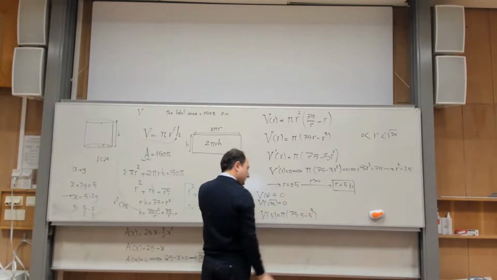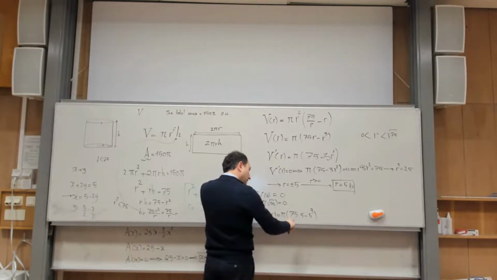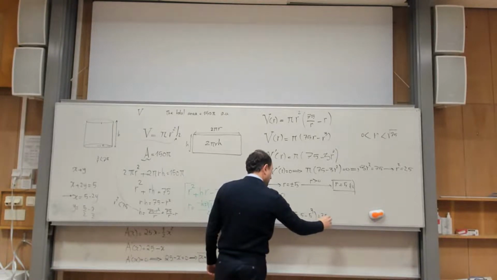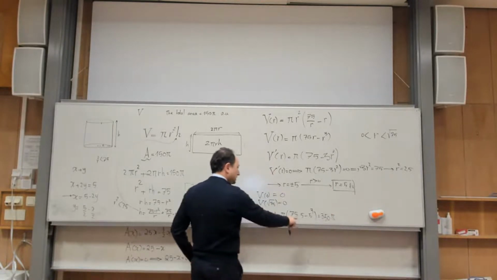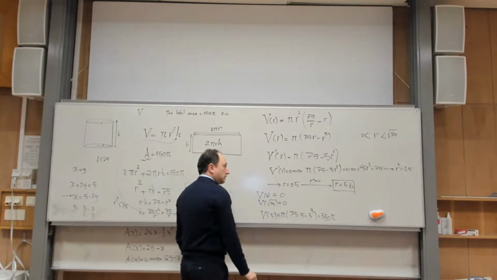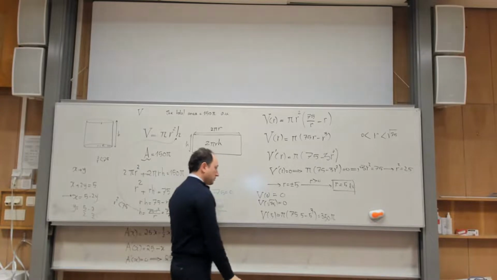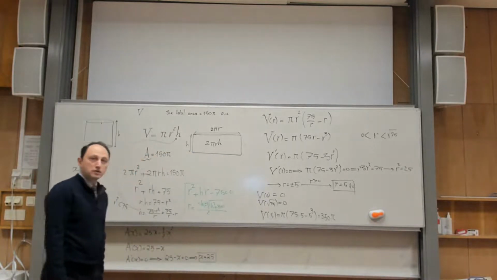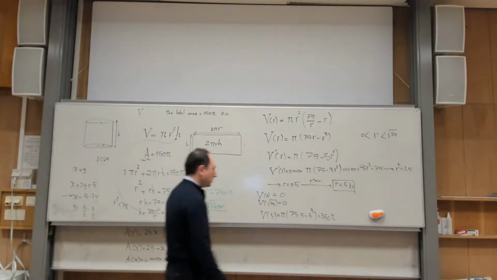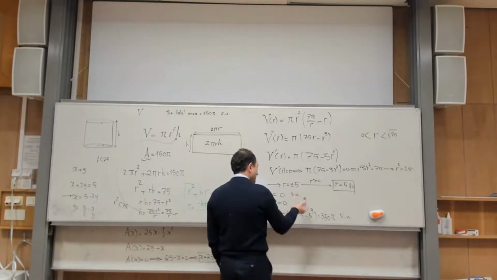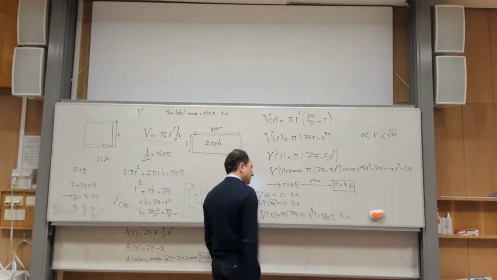So how much is that? 350, yes? Am I right? This is 375 minus 25. Yes, I think it's right. So this becomes 350 pi, but you have to write volume units, if you want to be very strict.